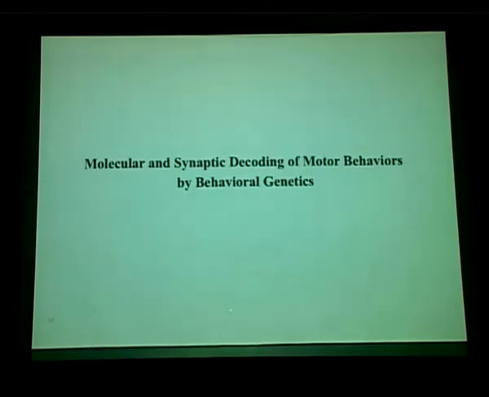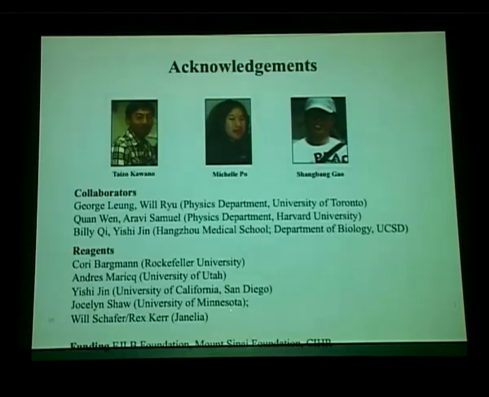As a closing remark, I would like to end like this. I'm trained as a geneticist, and I do believe that using behavior genetics in a simple organism with a very well annotated wiring diagram of the nervous system may be able to give us molecular and synaptic decoding insights on the motor behaviors.